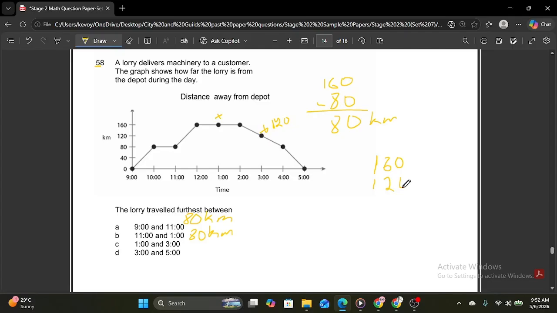So he's coming back. How far did he travel? 160 minus 120. 6 minus 2 is 4, so 40 kilometers. So C is 40 kilometers.